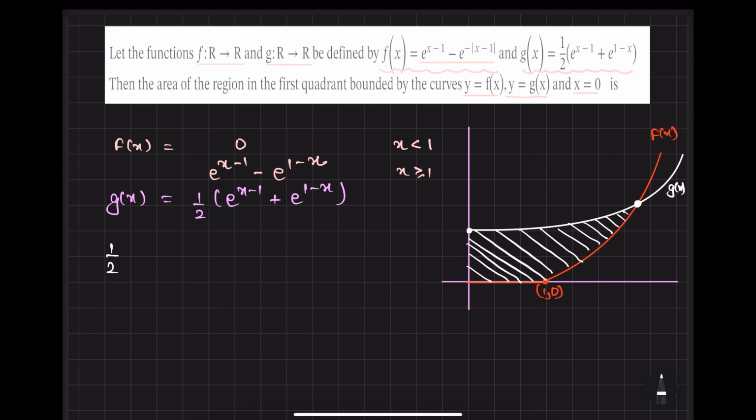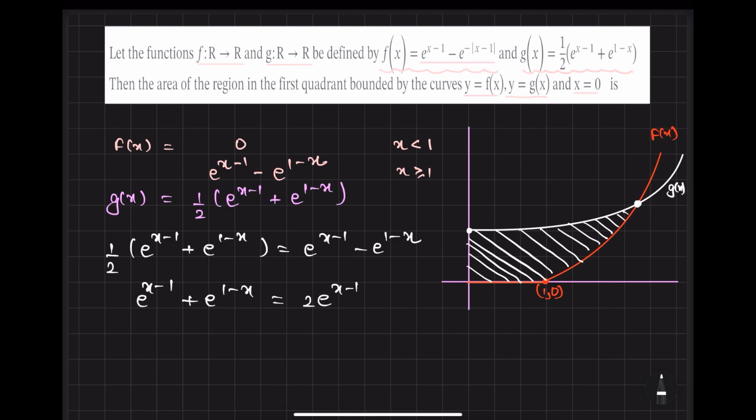So it is 1 by 2 e power x minus 1 plus e power 1 minus x is equal to e power x minus 1 minus e power 1 minus x. Both are looking similar. Okay, so we'll cross multiply: e power x minus 1 plus e power 1 minus x equals 2 times e power x minus 1 minus 2 times e power 1 minus x. So can I send this thing that side, this thing this side?